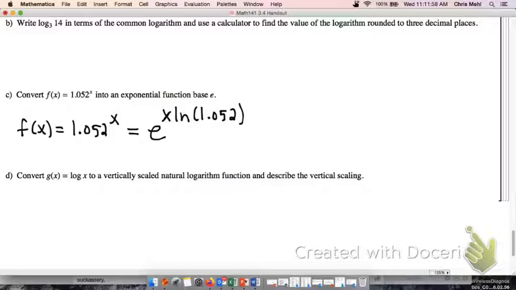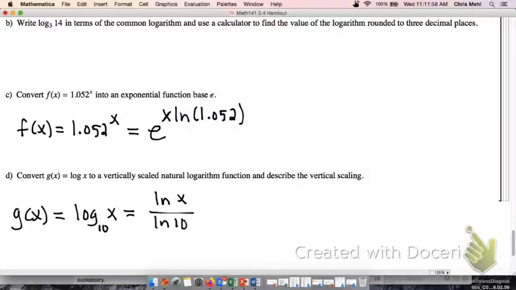In part D, it says convert log of x to a vertically scaled natural logarithmic function and describe the vertical scaling. So g of x is log of x, and there's secretly a base 10 down here. This can be rewritten as the natural log, so ln of the input x over natural log of the base, and I can write this as 1 over ln of 10 times natural log of x.